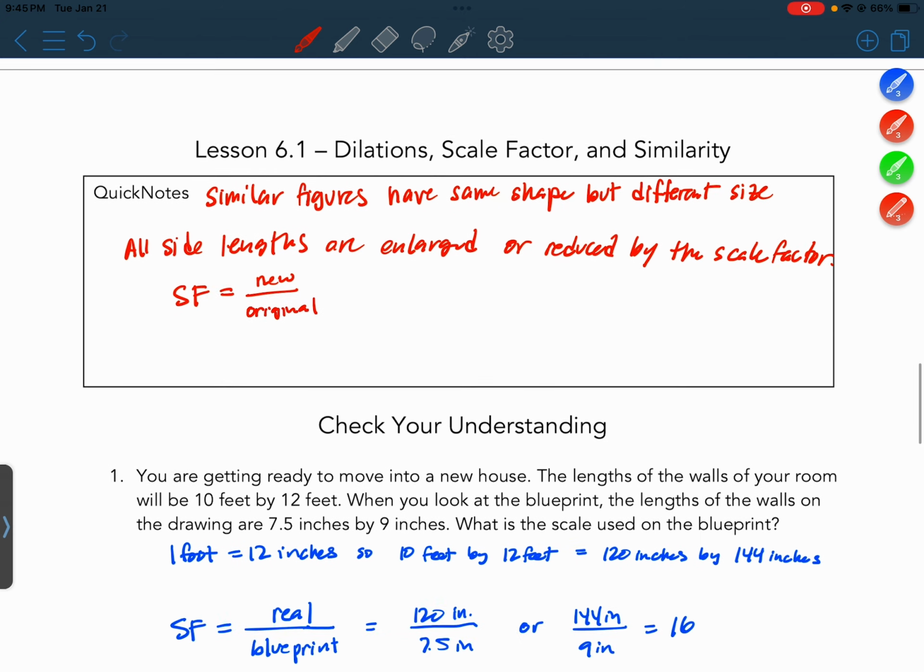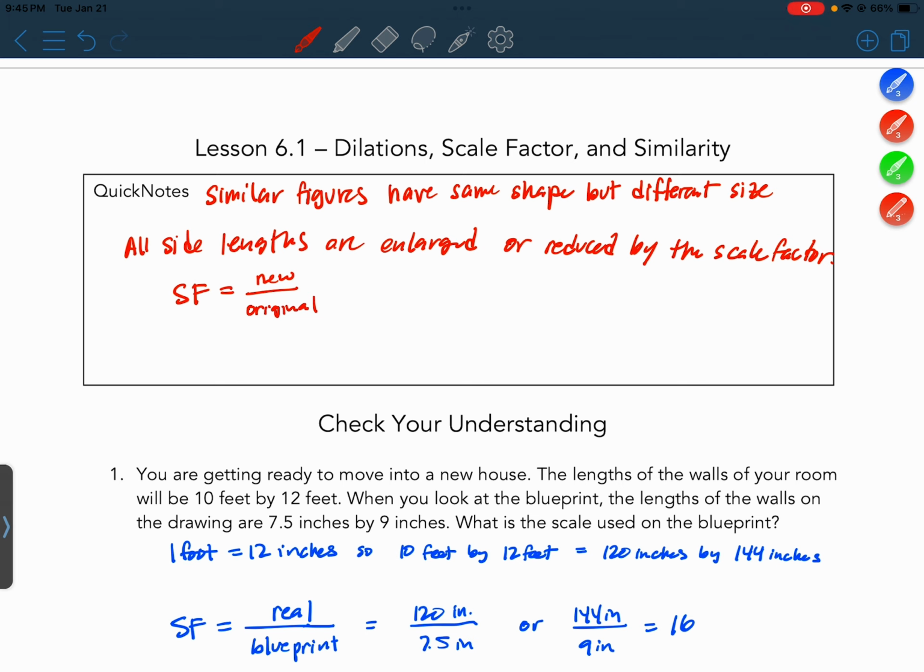All right, a couple of final notes here: the ratio of sides within and between the two figures stay the same.